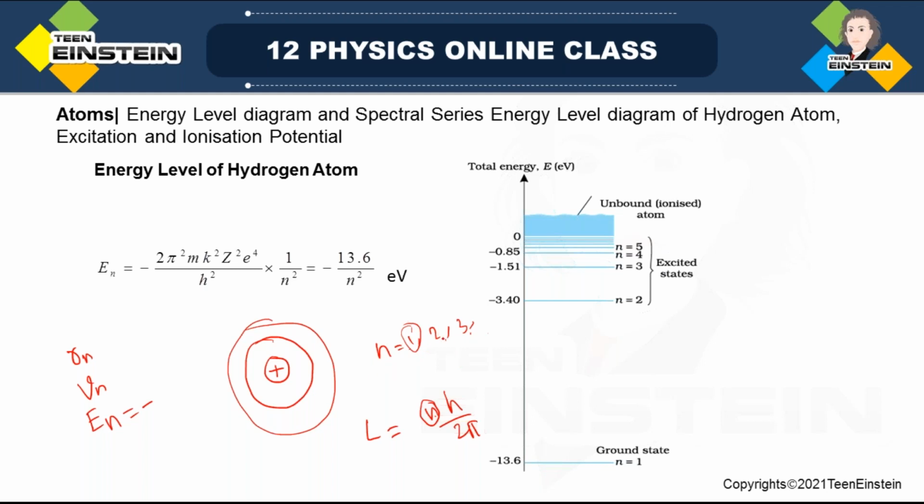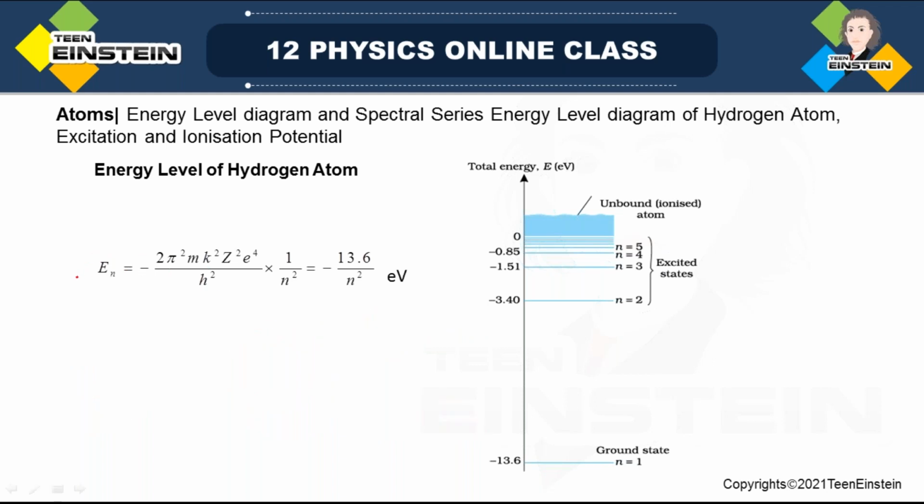We can calculate the total energy of the hydrogen atom by using this formula. This we had already derived in the previous day. This is the total energy of a hydrogen atom. Sometimes hydrogen atom is written as H atom also.